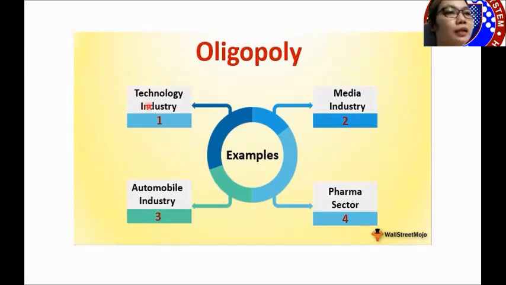They are involved in the technology industry, media industries, the automobile industry, or the pharma sector. These are examples of industries or firms involved in oligopoly. They also sell similar or identical products, but with differentiation, and they are big companies that dominate the market.